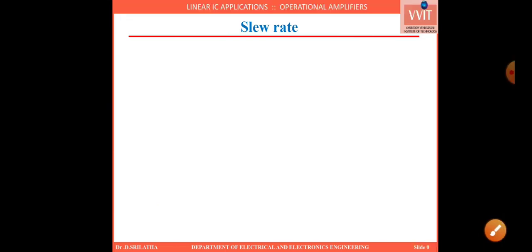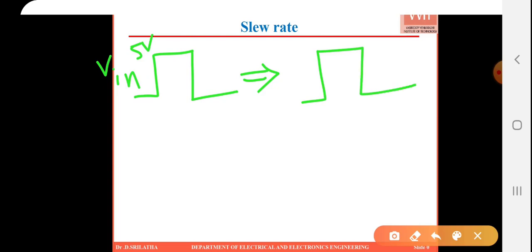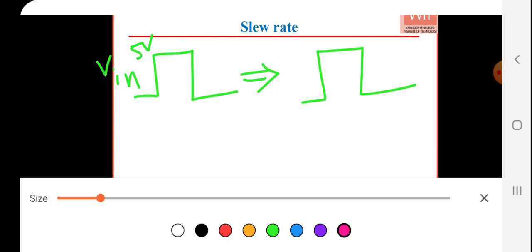Next. Here, if we take a voltage follower circuit, if I am giving this type of input, as already I said, it is Vin. If for example it is 5 volts, now I should get the output like this if it is a voltage follower circuit. But in real time, it is not happening.